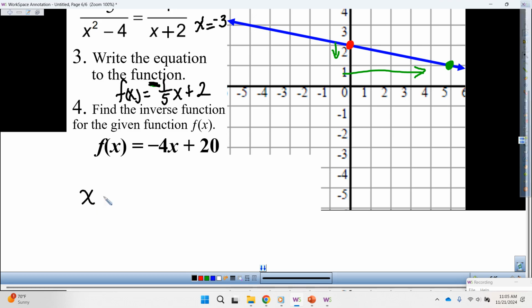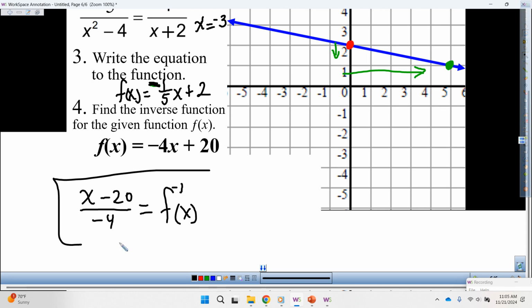X minus 20 over negative 4 equals f of x, with a little negative 1 on top. Have you got that? That is correct. Make sure you turn that in, please.